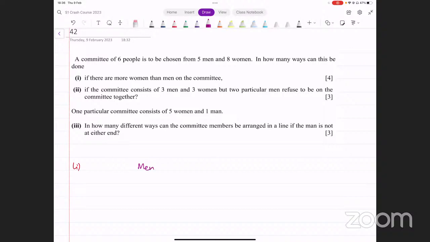So we've got some men. How many are there? There are 5 men. And then we've got some women. Women are 8. So there are 5 men and 8 women.